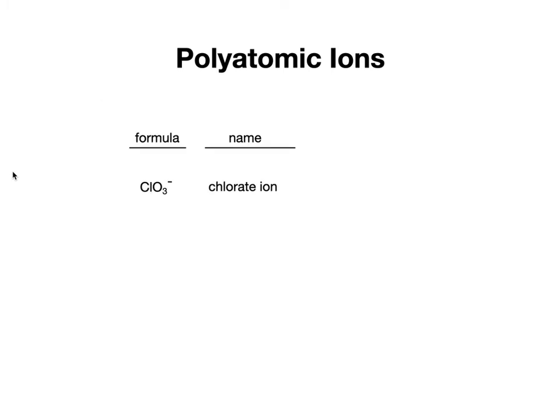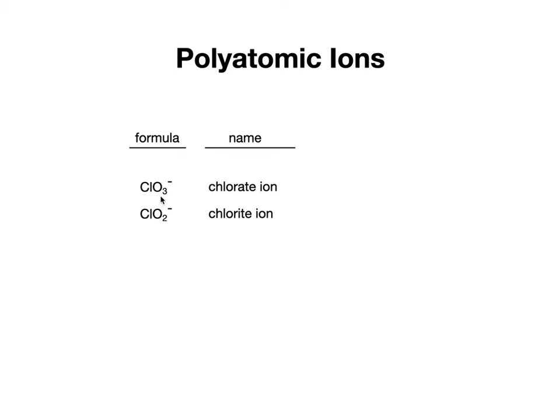All right. Now, class, there's a very important series that we use when naming polyatomic ions. I'm going to show you in the context of the chlorate ion. This is one of those important ions that we need to learn. Now, this, class, is the chlorite ion, ClO2 minus.